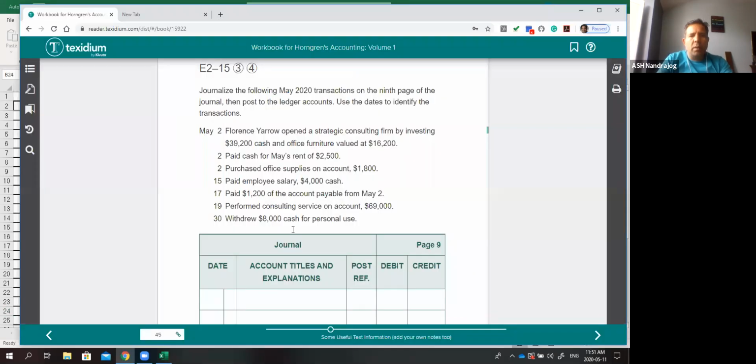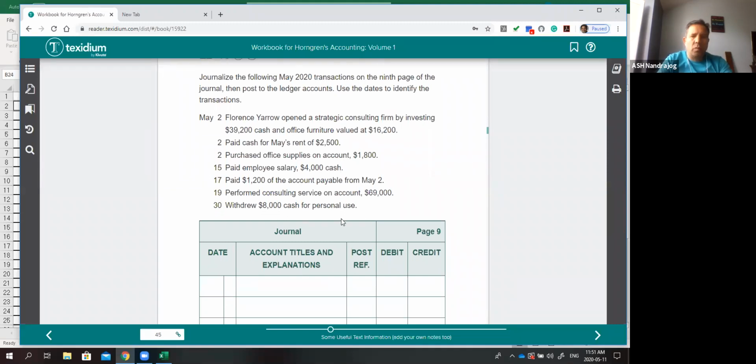It says, on May 30th, withdrew 8,000 cash for personal use. So in this situation, the owner has withdrawn $8,000 of cash from the business for their personal use. So how this is recorded is, obviously the cash is going down, so cash will be credited, but what we will debit is going to be the withdrawal.